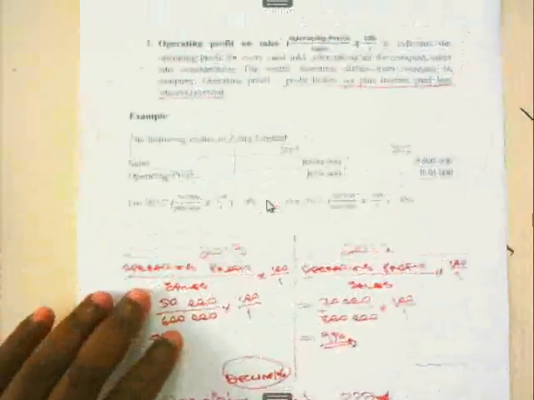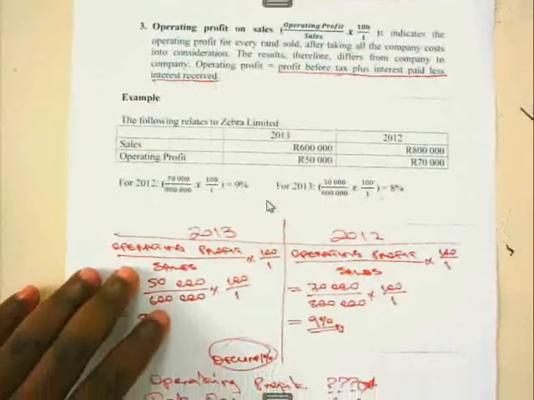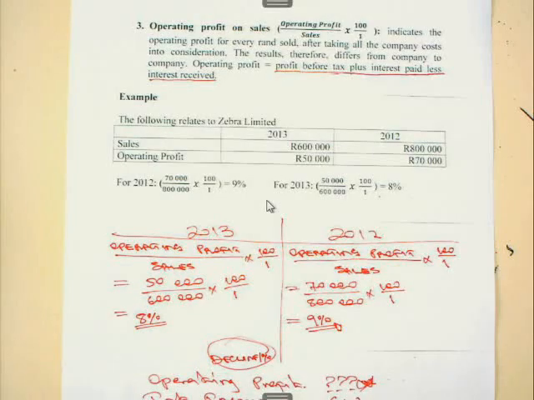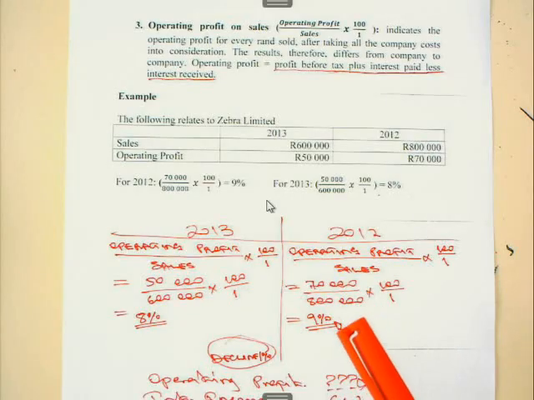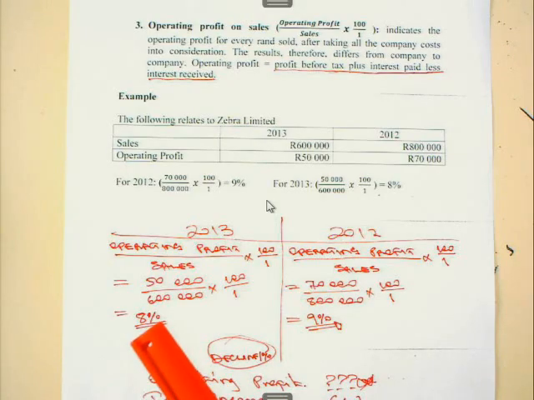We're busy with the operating profit as a percentage of sales, and we calculated the one for 2012 using the example that is given to you. In 2012 the operating profit was 9%, and it slightly declined by 1% to 8%.